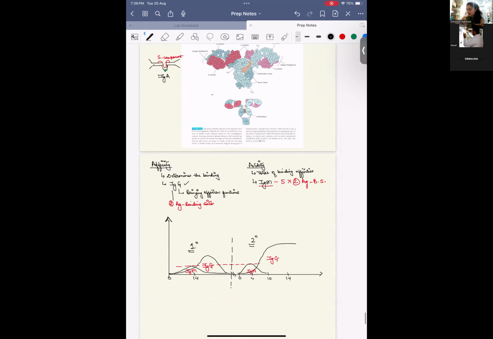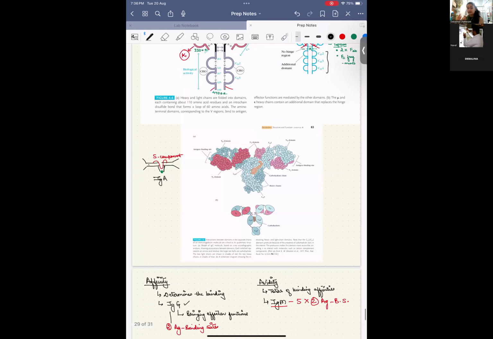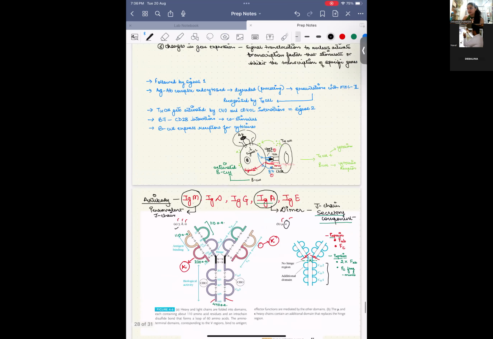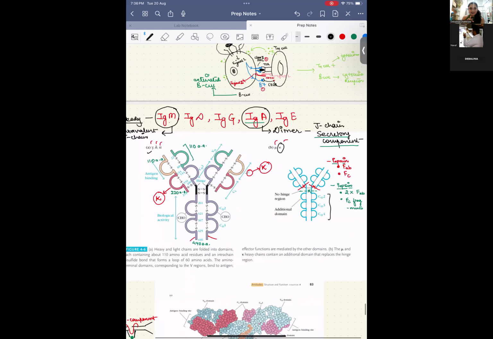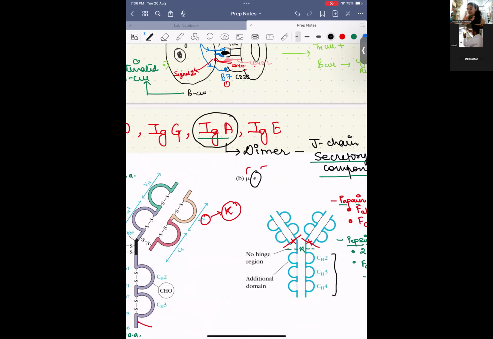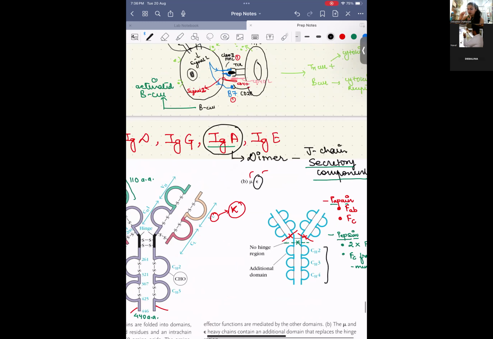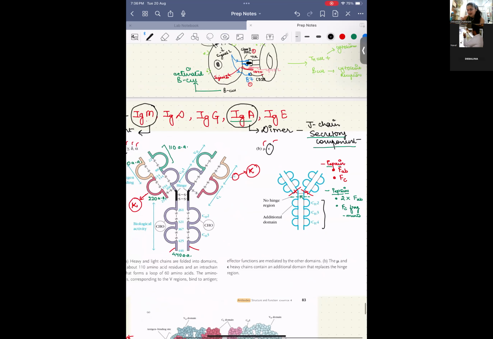IgE, as we were talking, only comes into play when there is some allergic response or, say, a parasitic infestation in the body. That is when IgE comes into play. More so, you will always have IgG and IgM molecules prevalent in the blood. IgA is prevalent in the secretions of the body.